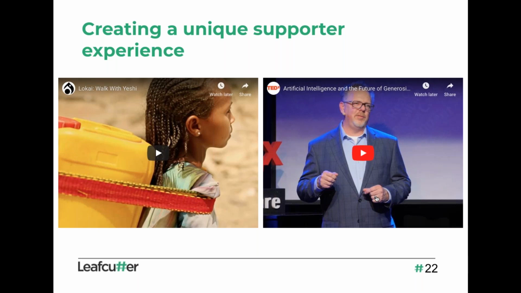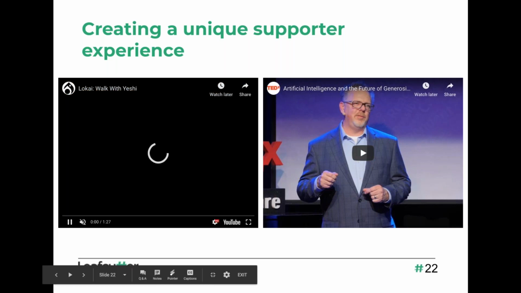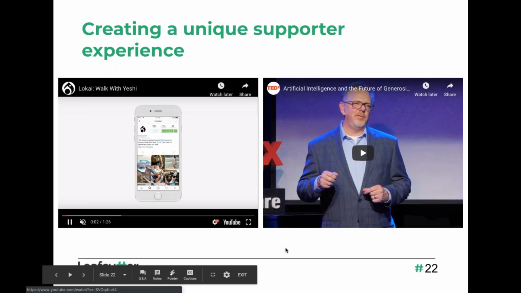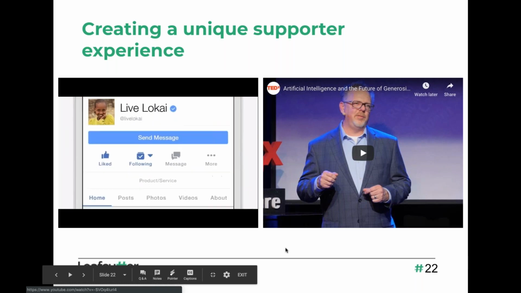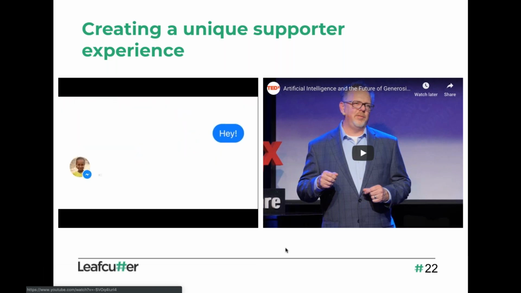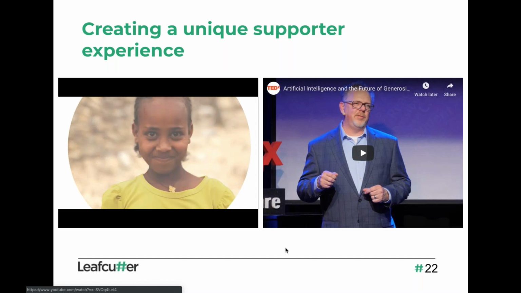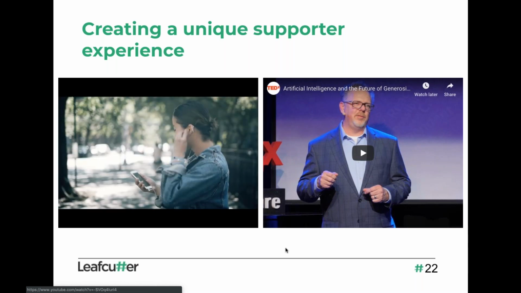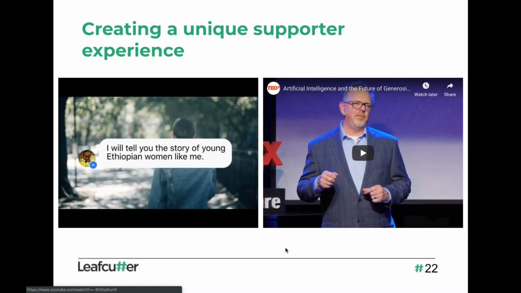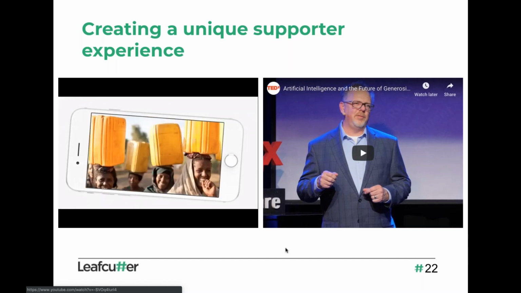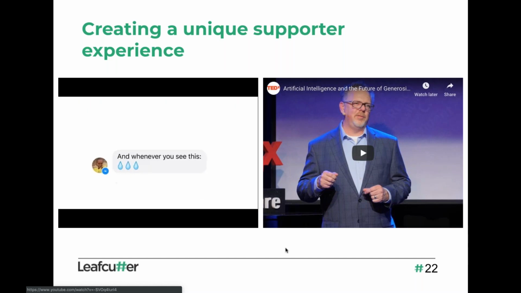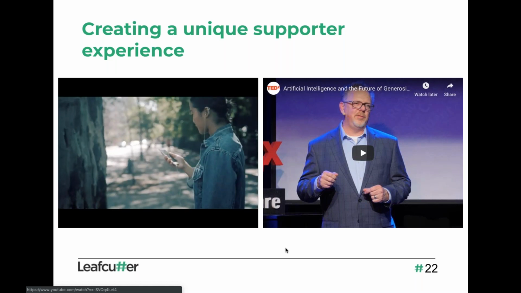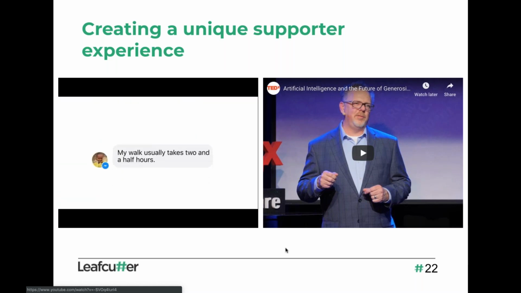A good watch, probably a bit too futuristic, but what I wanted to do is play this example on the left, by Charity Water. They designed a Facebook Messenger bot that simulates a person, a beneficiary of theirs, and I think it's an hour or 2 hours or so that this chatbot is able to interact with the potential donor, and it walks them through the journey of what this person does every day.